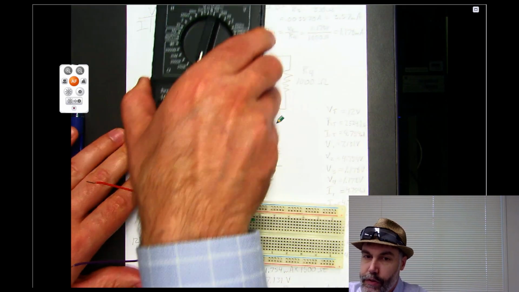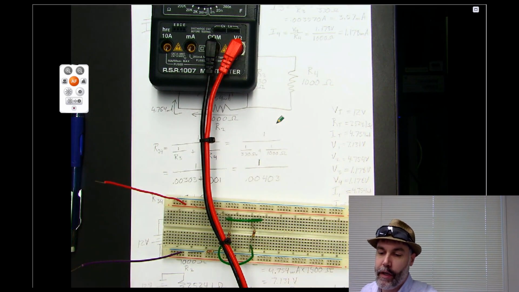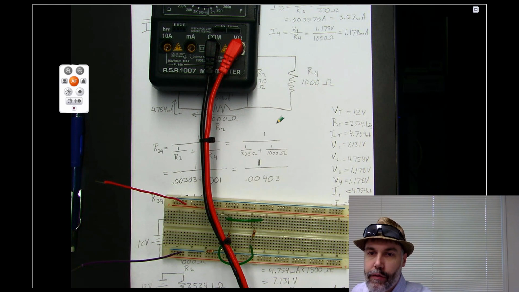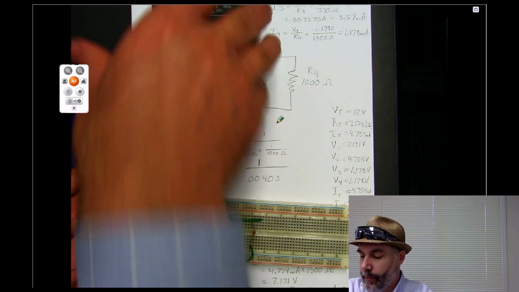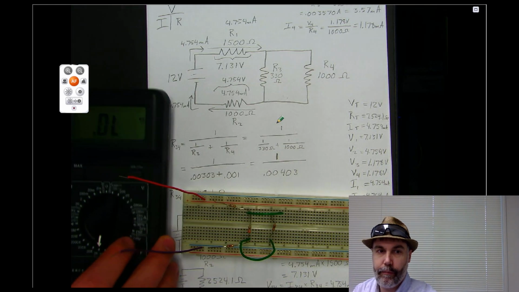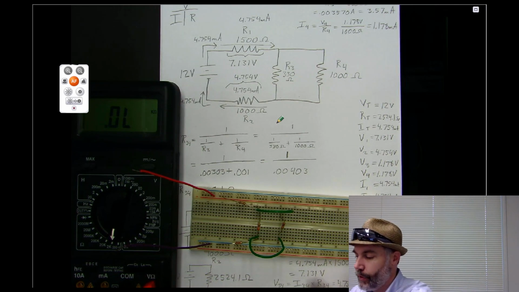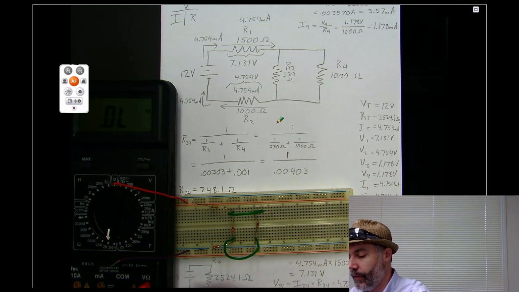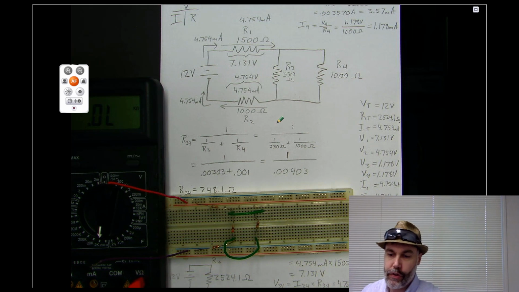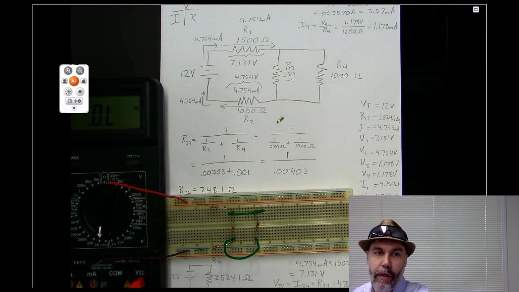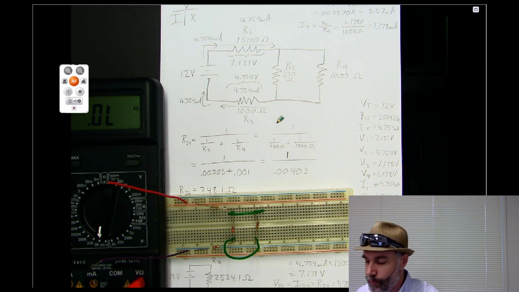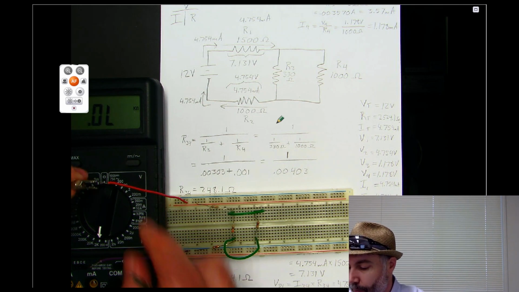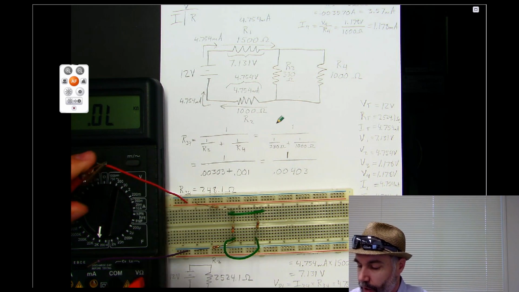All right? So now I can do the first thing that will help me check between the circuit that I built on the board and the calculations that I did. So what I'm going to do is measure the total resistance of my circuit. And the way I do that is I measure from one side of the circuit to the other.